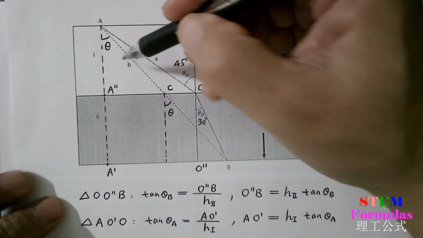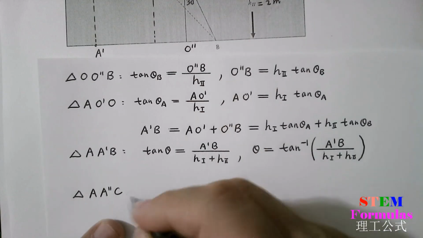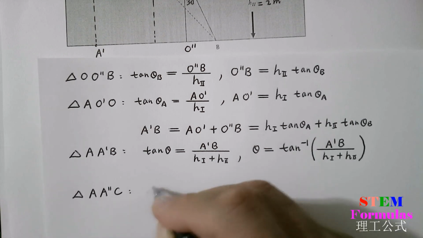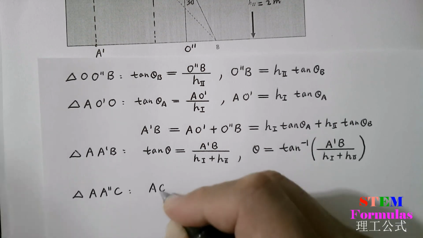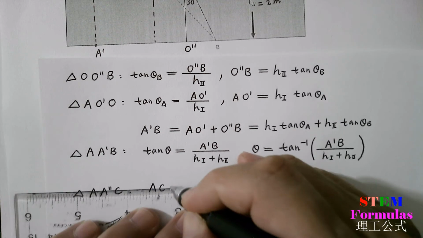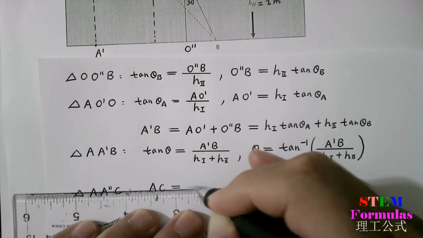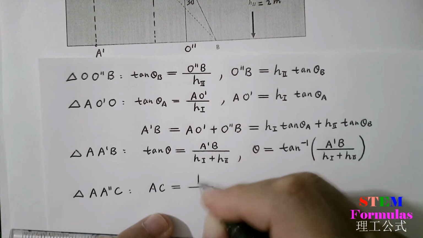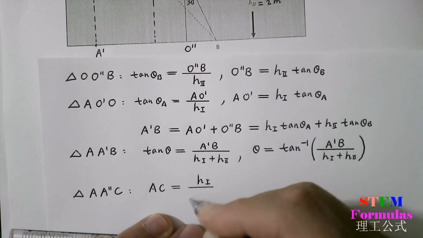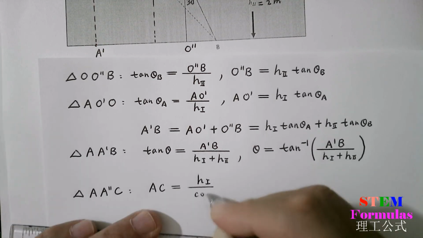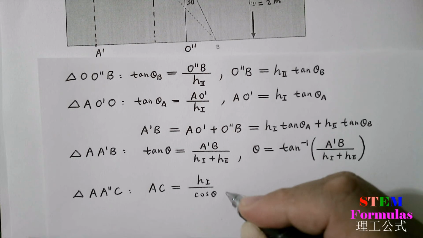For this triangle, I have AC equal H1 divided by cosine theta.